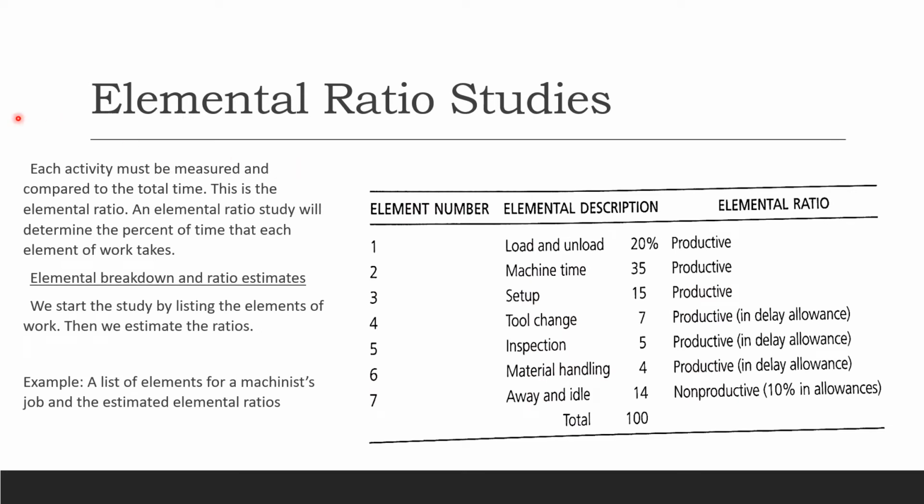So in an elemental ratio study, each activity must be measured and then compared to the total time. One student asked me what is an element. An element is nothing but the lowest or the smallest unit possible for something.